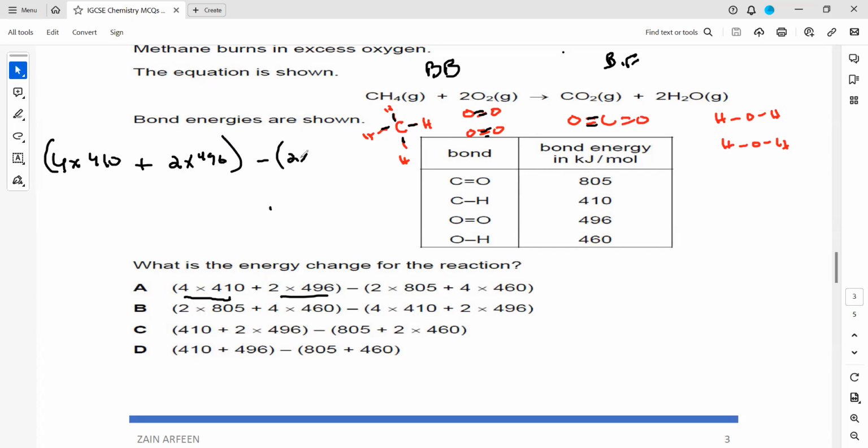So this will be 2 multiplied by 805, plus then O-H bonds, which are 460. So it will be 4 multiplied by 460. So it matches with option A. So bond breaking minus bond forming will give us the energy change of this reaction.